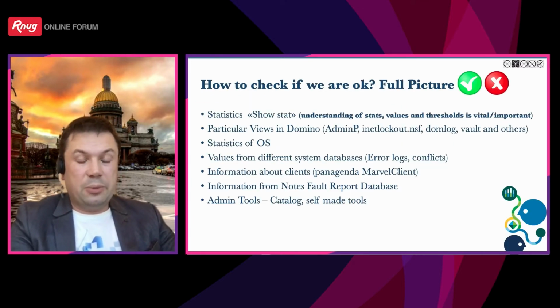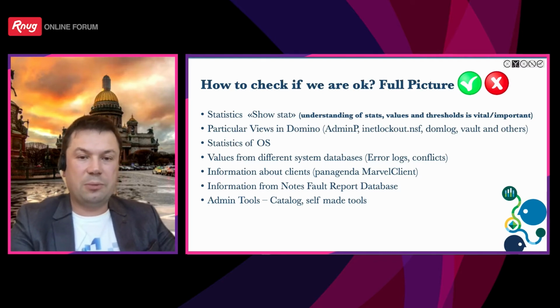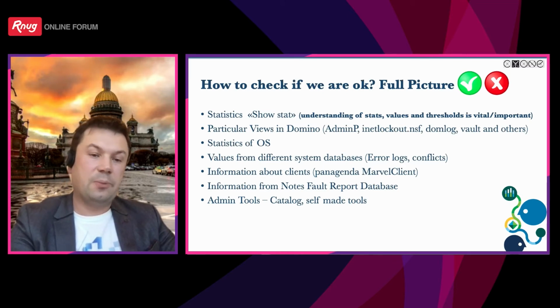And for us to understand and check if we are okay, for example, just look: you go on Monday, on Tuesday to work, you drink your morning coffee, and then you need to make something big, and you need to be clear about all servers that are working. What do we need to do to understand that everything is great? We need to be connected to each server and check all the stats.